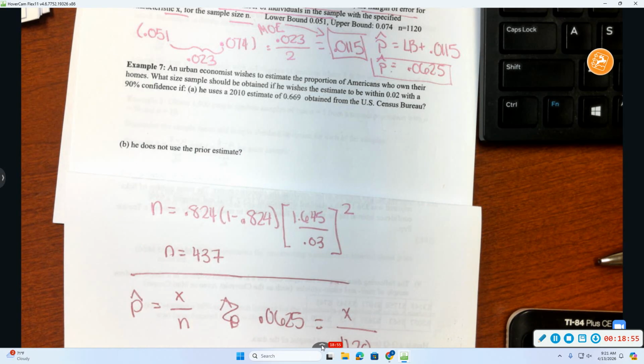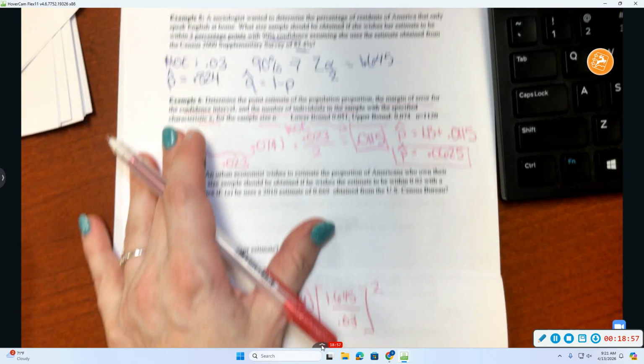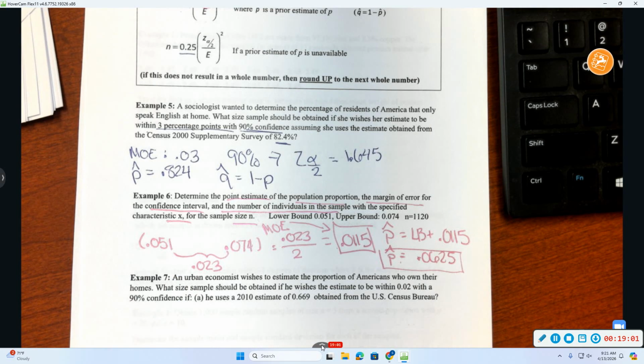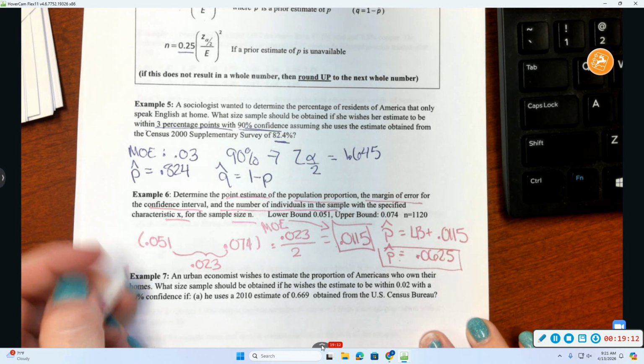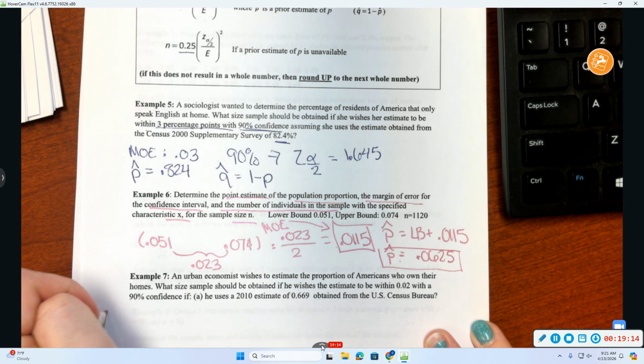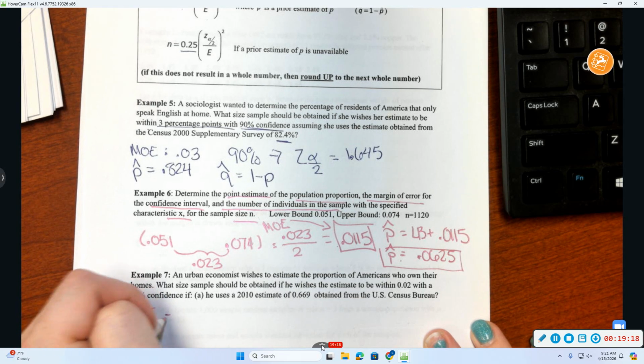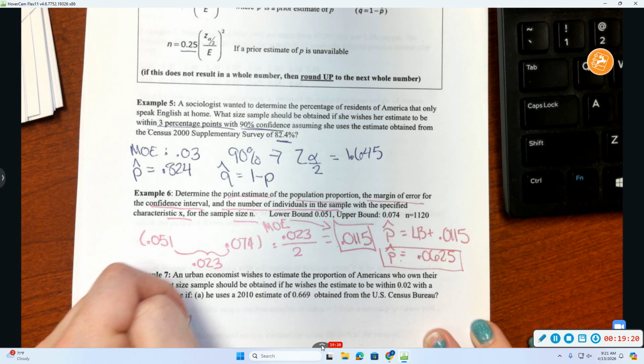All right, let's go to the last one. We're still going to have to use the formula we had before. An urban economist wishes to estimate the proportion of Americans who own their homes. What sample size should be obtained if he wishes to estimate to be within 0.02? So I'm going to stop there. My MOE, or my E, my margin of error in your formula, is 0.02.